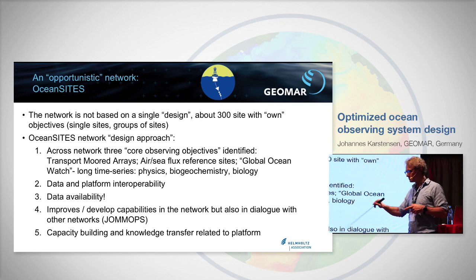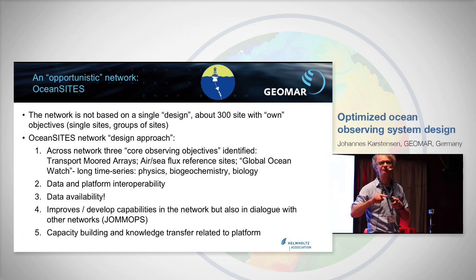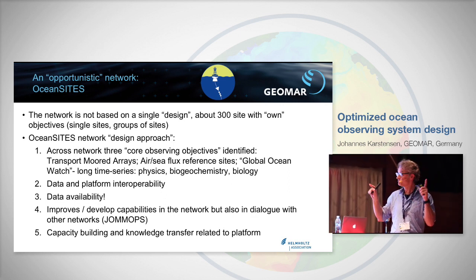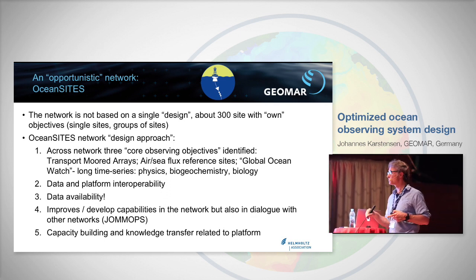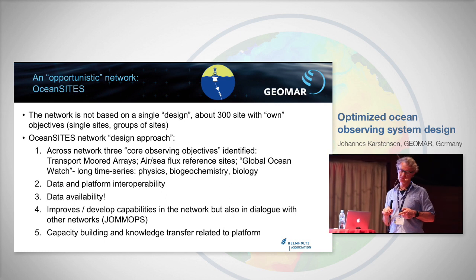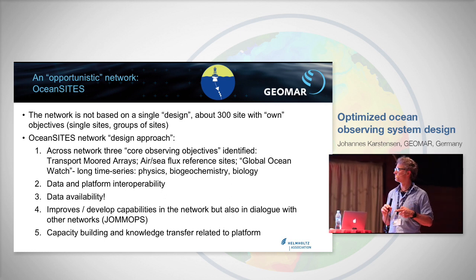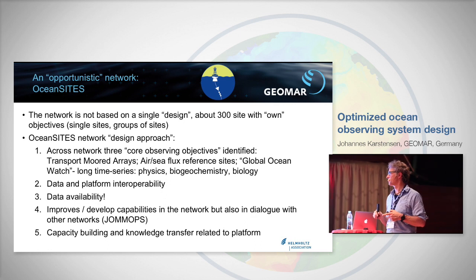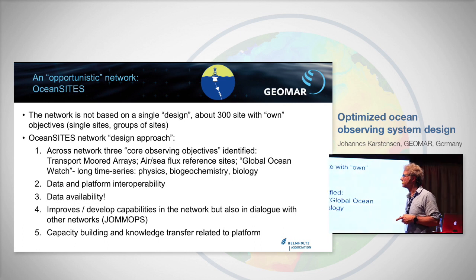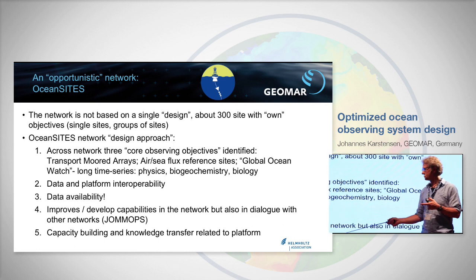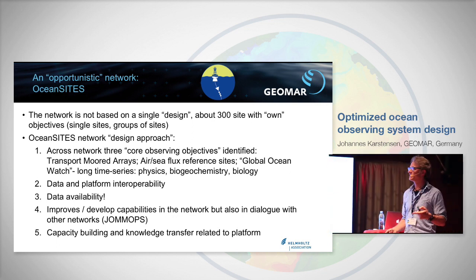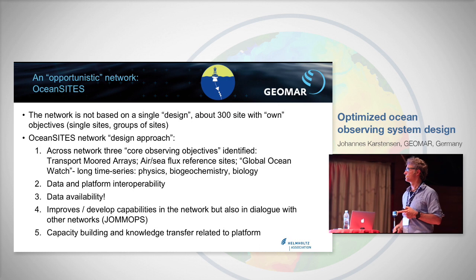In addition, this network also needs to communicate with Argo and other networks, and that is done through this network approach in the context of the so-called JCOMMOPS, which is the organizational part of the GOOS observing platforms. And a last point, which is also very important for a network, is capacity building and, as said already, knowledge transfer related to the platform, the deployment, the maintenance, setting up new sites, and so forth.